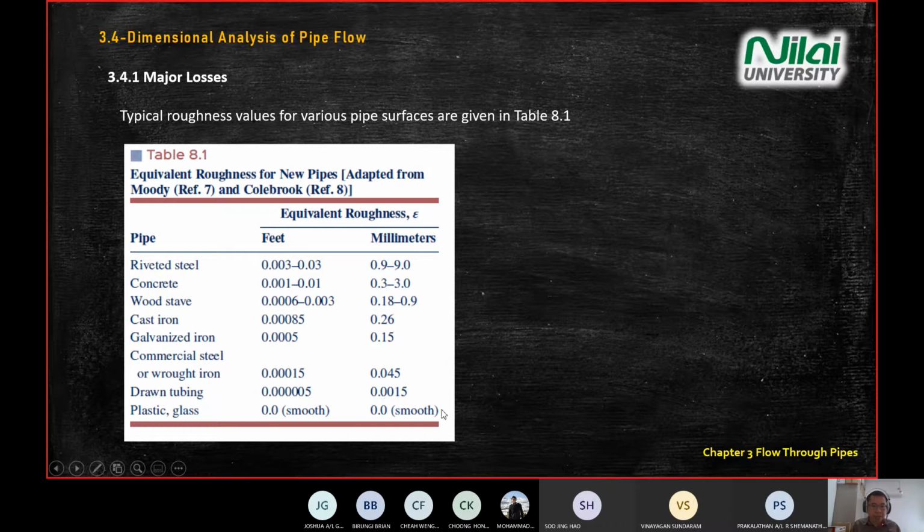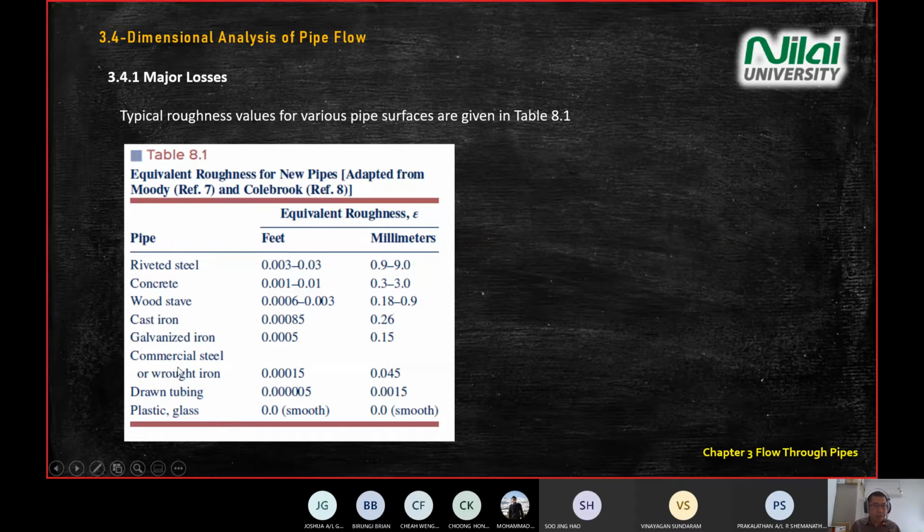In the exam later on, be careful to look at the second column, which is the SI unit, in millimeters, mm. So be careful on the unit, and be very alert to the statement or question given.